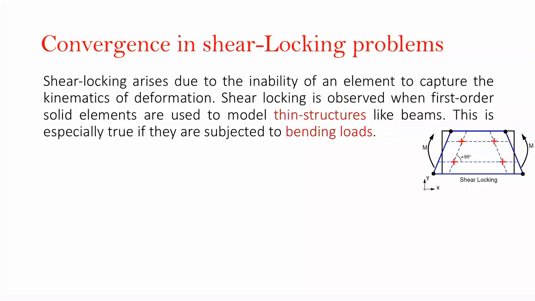This tells us that linear elements are not good for pure bending. But in Abaqus, there is a feature called incompatible modes. Whenever we go for that feature, it basically avoids shear locking, although we are still using the linear element.